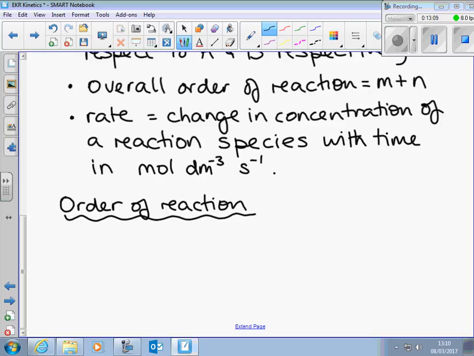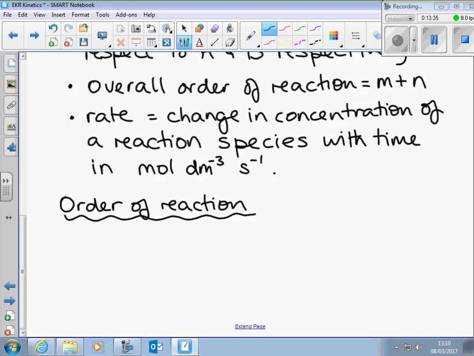So let's say A and B reacting together to produce AB or C or whatever you want to call it. If you want to know the order of reaction with respect to A, you keep B constant and you do various concentrations of A and measure the rate. And then this is where understanding indices will come in.